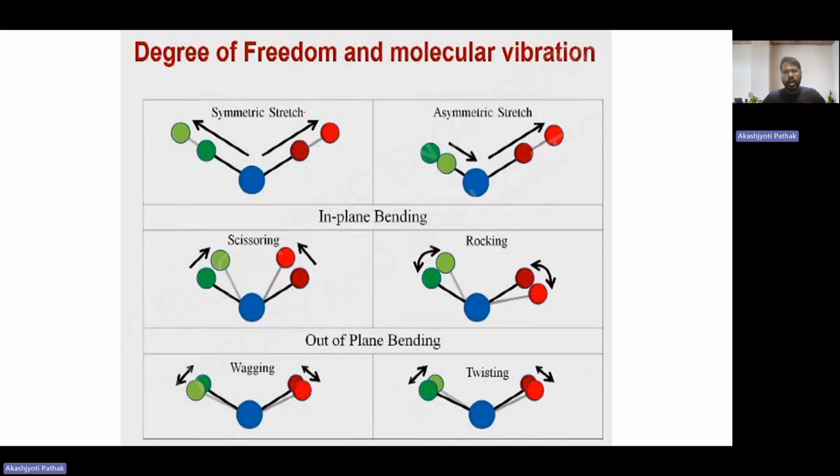So the bond length. This is the covalent bond which is present between two atoms. Now this covalent bond can show stretching. So when you excite it with a particular wavelength which lies in this infrared radiation, then it can show symmetric stretch or it can show asymmetric stretch.